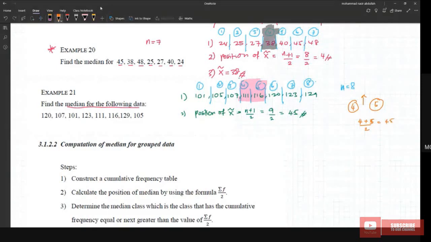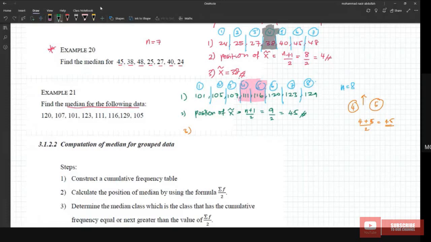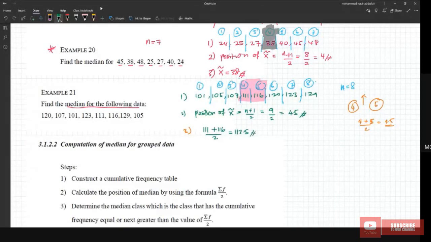So in this case, step number 3, you add these two values, position number 4 and position number 5, which is 111 plus 116, divided by 2. You will get 113.5. So the median value is equal to 113.5.